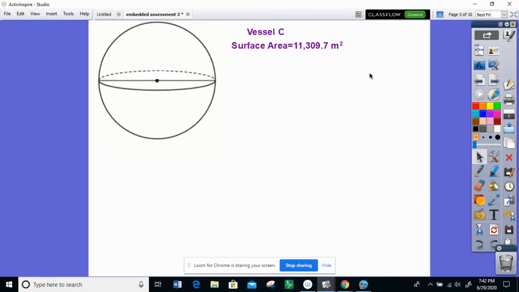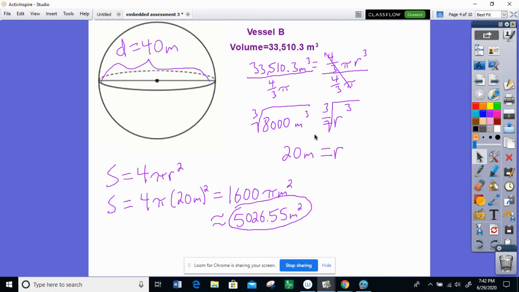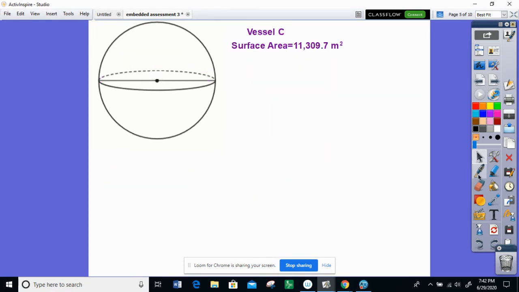All right, so since the surface area formula for a sphere is 4 times pi times r squared, we're going to set the given surface area for vessel C equal to that. 11,309.7 equals 4 times pi times r squared. This will also be a little bit easier to solve because dividing by 4 pi in the calculator is going to be a little more simple than dividing by 4/3 pi.